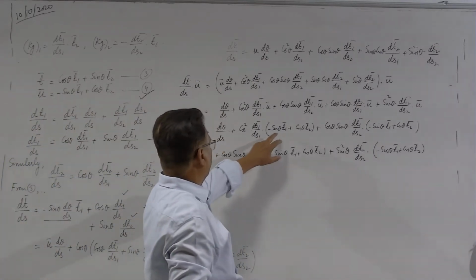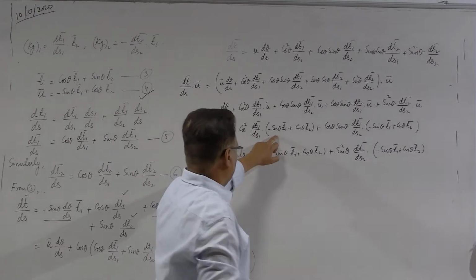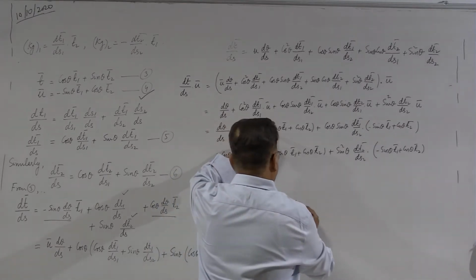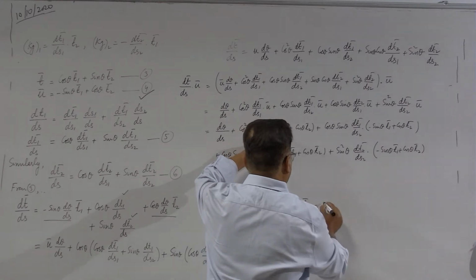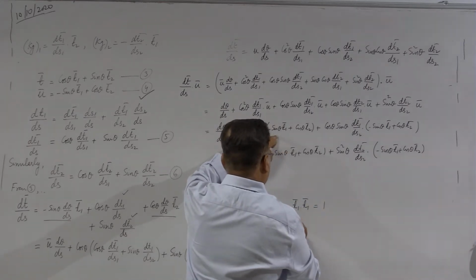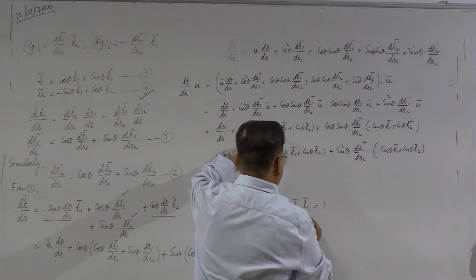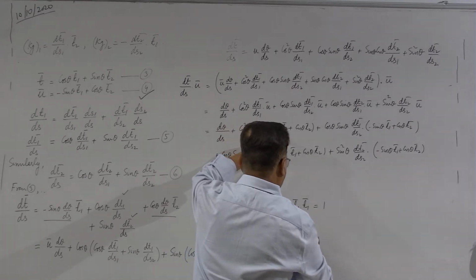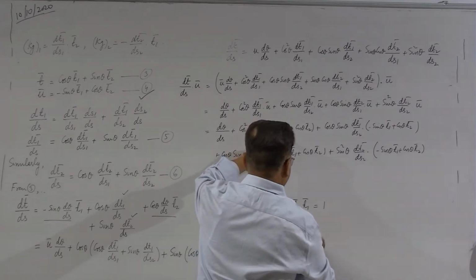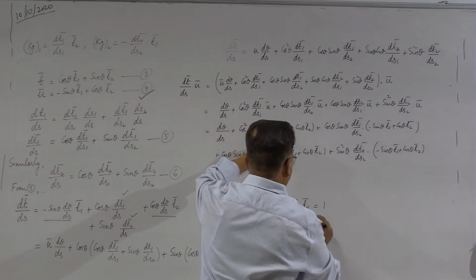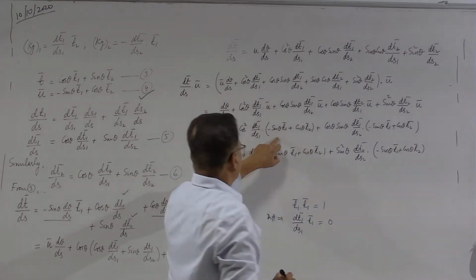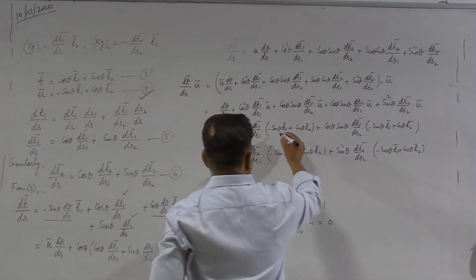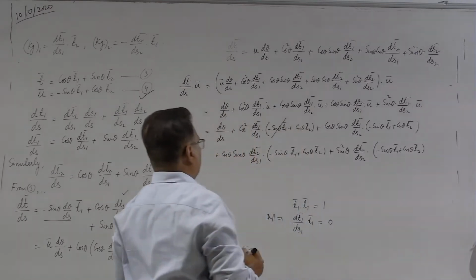Starting from here, you know that t1 is a unit vector. So, t1 dot t1 is 1. If you differentiate it, this will give you dt1 upon ds1 dot t1 plus the same thing, equal to 0. So the first term, when you take the dot product, will give you 0.